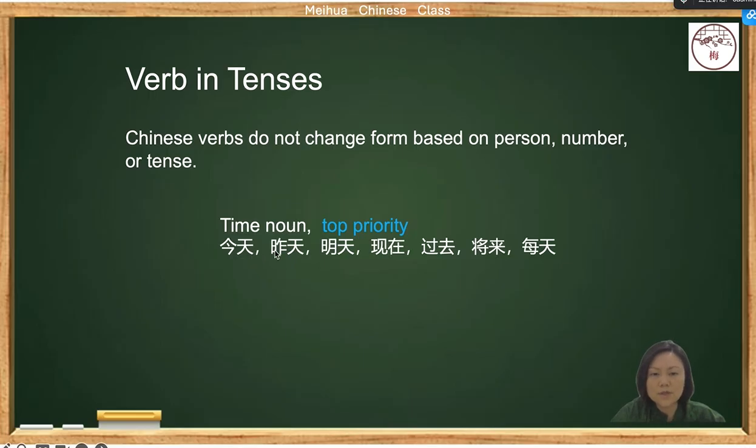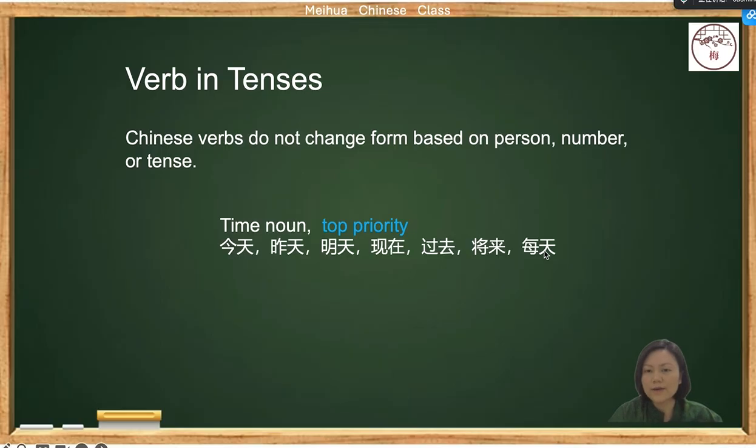For example, if there is the noun 昨天, which means yesterday, in the sentence, we should be able to know, okay, it's talking about something that happened yesterday. Similarly, 明天 means tomorrow. 现在 means now. 过去 means in the past. 将来 means in future. 每天 means every day.